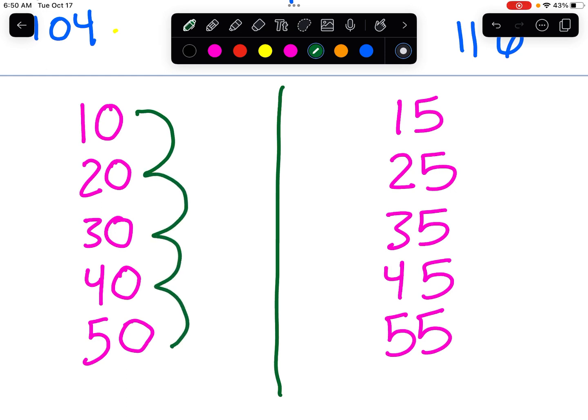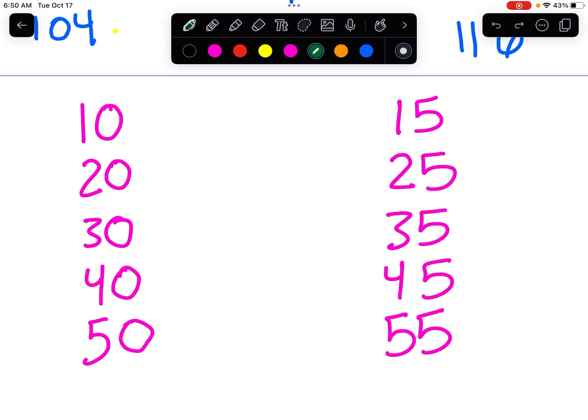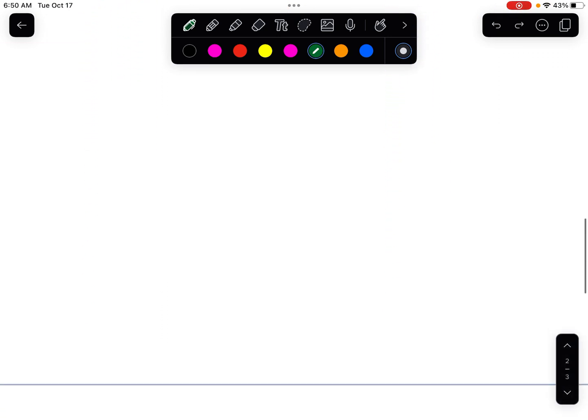And what do you notice is it goes 1, 2, 3, 4, 5. Skip counting by 5s over here. 15, 25, 35, 45, 55. And what do you notice? We've got 1, 2, 3, 4, 5 over here. And I think that's it.